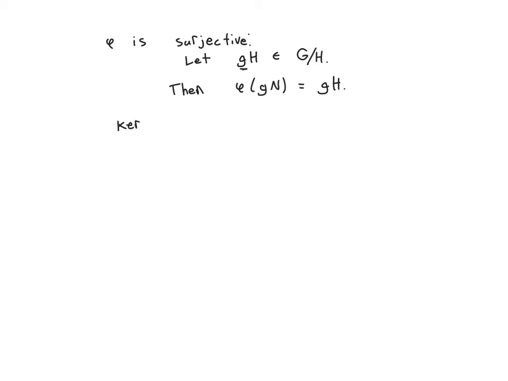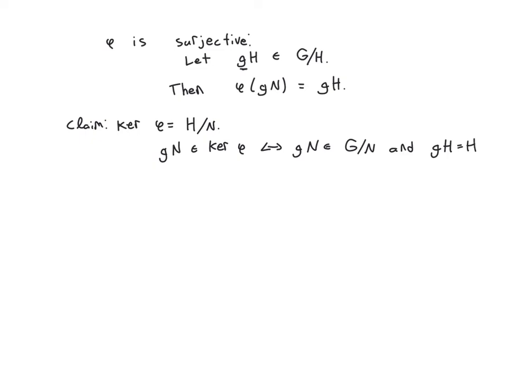The remaining step we need to check is that the kernel of phi is what we claim it is. Claim that the kernel of phi is equal to H mod N. So how do we check this? Well, what does it mean? So we're looking at cosets. gN is in the kernel of phi if and only if gN is a coset, and phi of gN, which is gH, is equal to H. Well, that's if and only if you're looking at a coset gN.